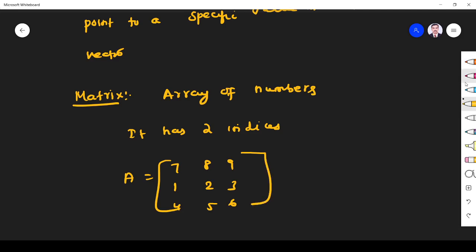Here we know A11, so it has two indices. One defines the row, one defines the column. Similarly, A12 has two indices. This you can define as A13. This is called A33. So a matrix has two indices. That is the very important difference between scalar, vector, and matrix.